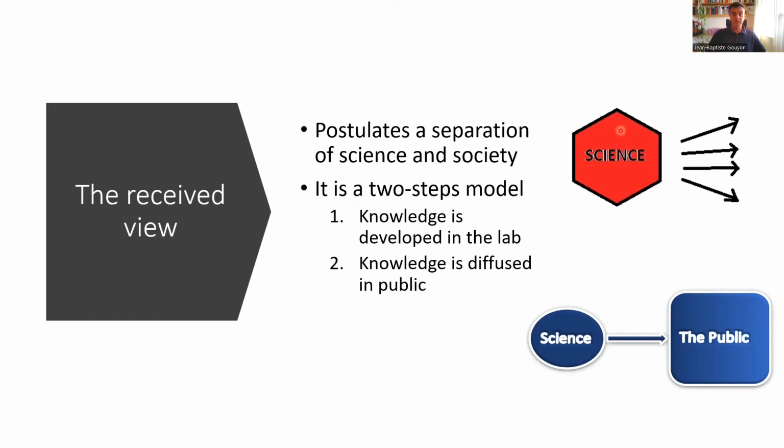And once it has been developed in the lab, it is diffused outside the cultural space of science to the public. And it's important to really understand that this received view sees science as developing aside from the public, from society.